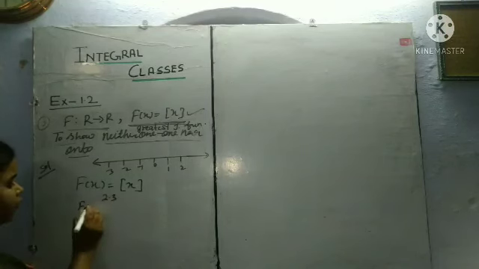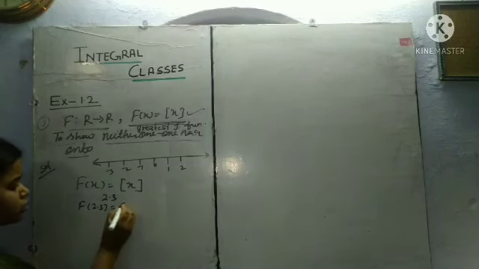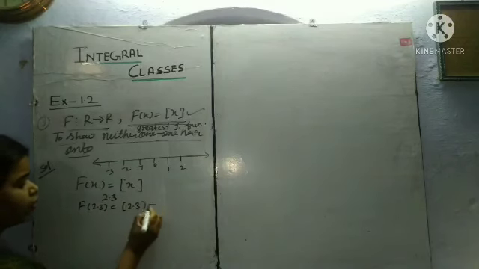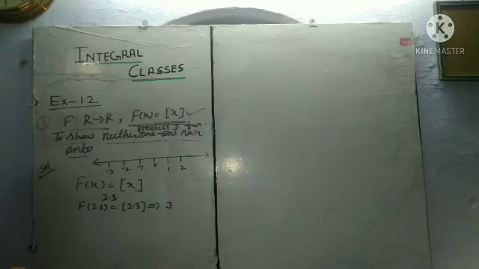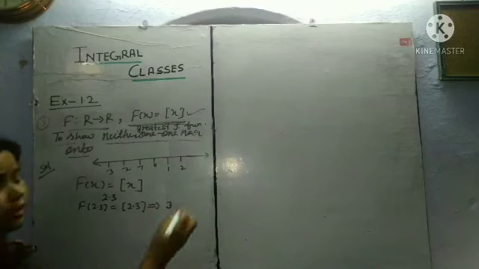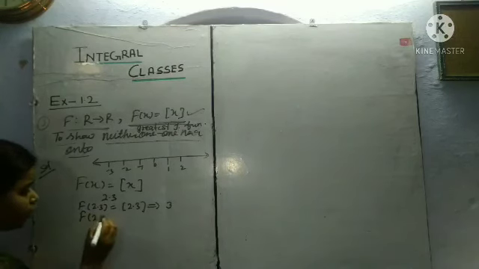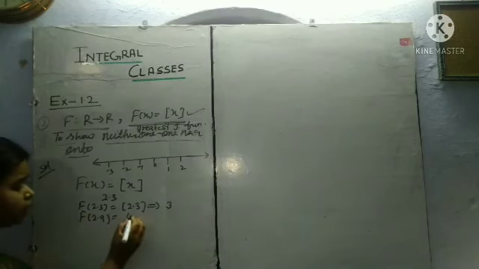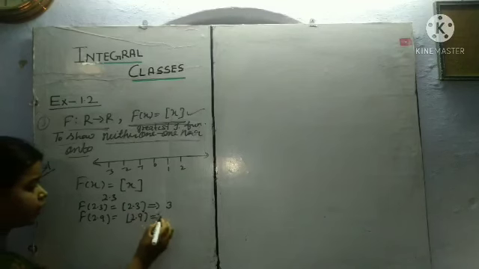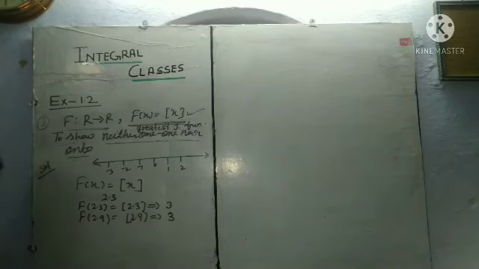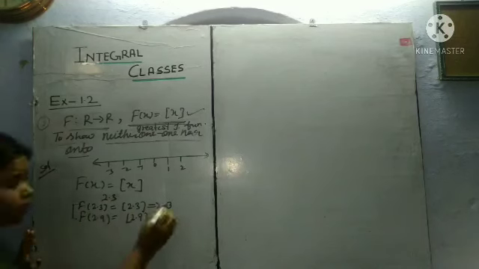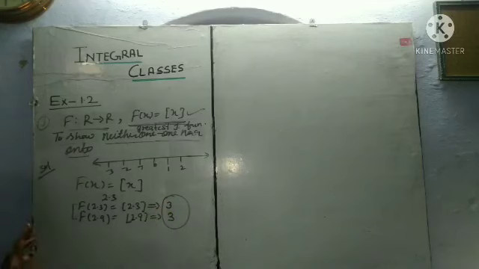We put f(2.3), so it gives the output 3. Now again if we put 2.9, again we get 3. So student, as we observe here, if we put two values, then we get the same image. So this function is not one-one, it is a many-one type of function.